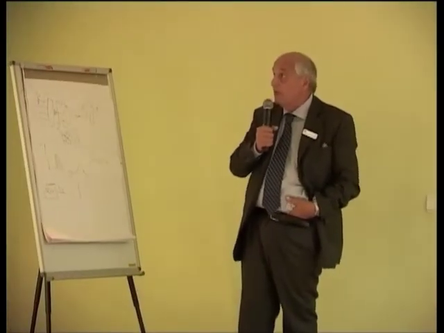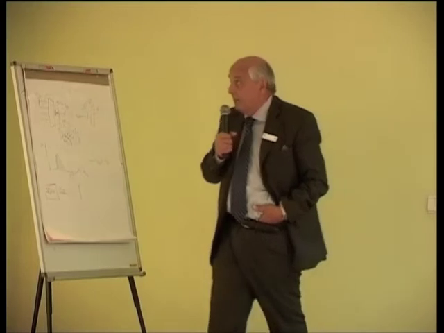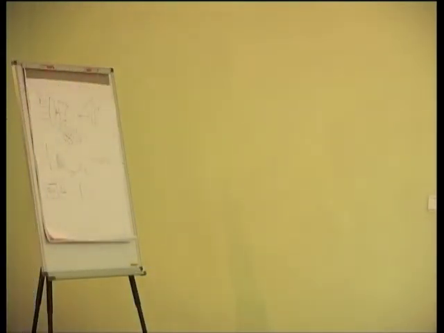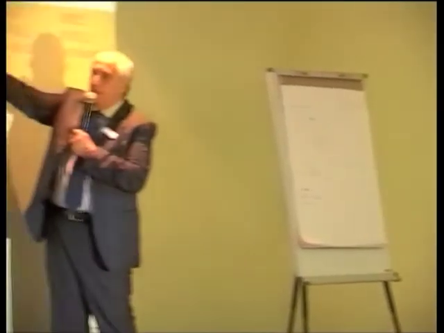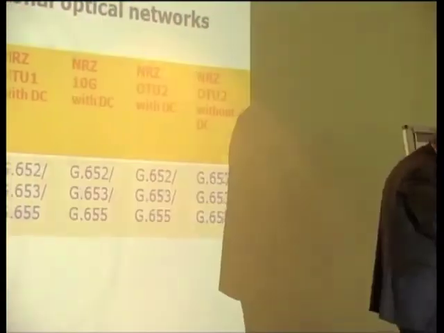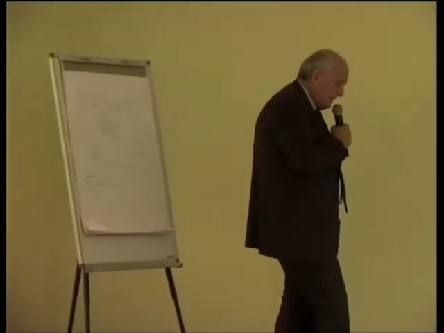It depends on the overhead. And the same applies to OTU2, which is the 10 gigabit per second system in the optical channel instead than in the SDH. As you can see, all the systems have a version with the dispersion compensator or without dispersion compensator.